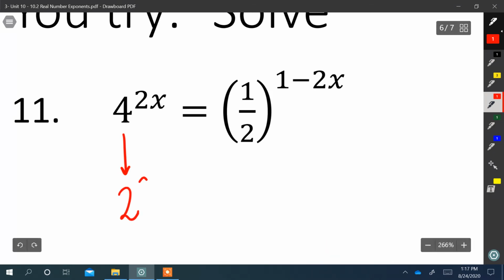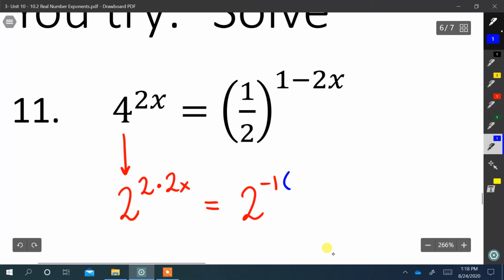So 2 to the second. Now we do have a 2x right there that I'm going to put right there. Is equal to this half. What I can do is I could use negative exponents. So that would be 2 to the -1 times 1 minus 2x, which is this right here.